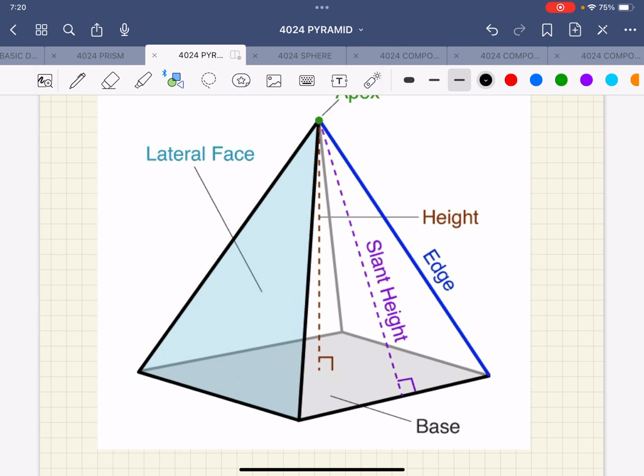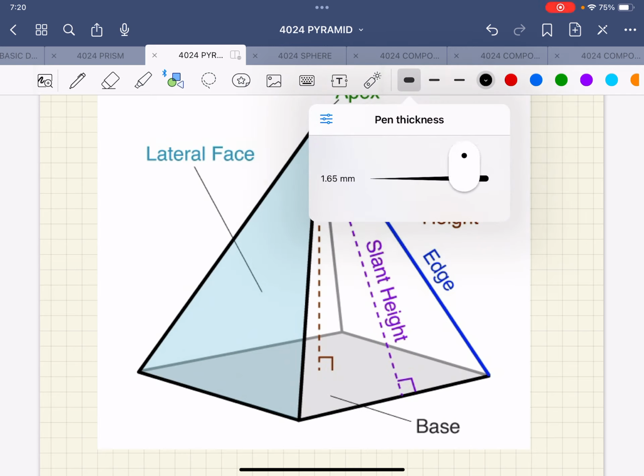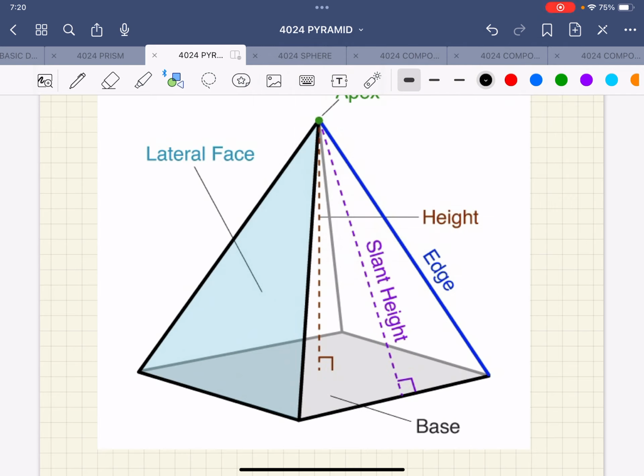So let me choose this, and let me just reduce the thickness. So green is the perpendicular height that goes like this, and the base that is in purple color goes like this, and the slant height is in red color. That goes like this.